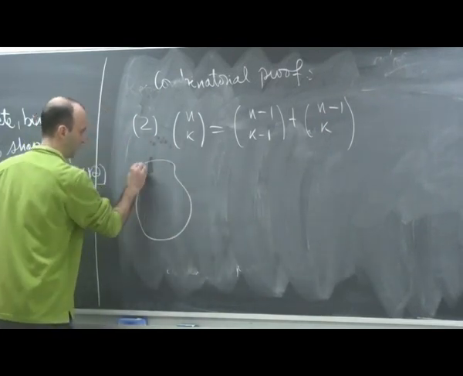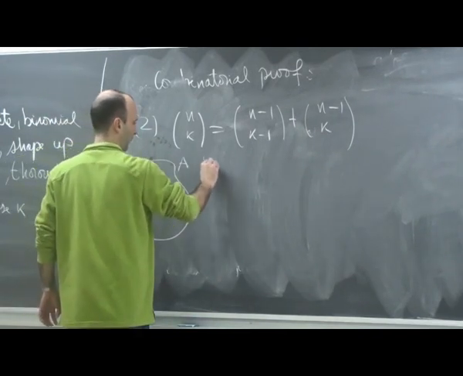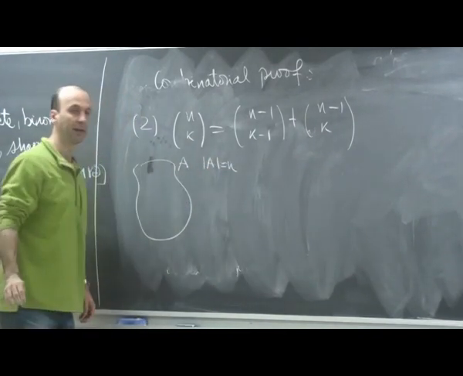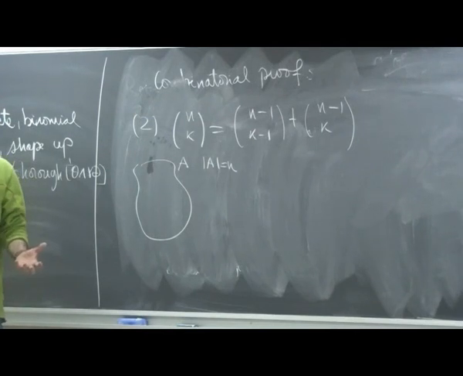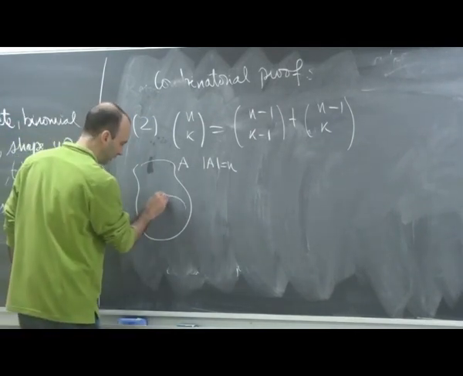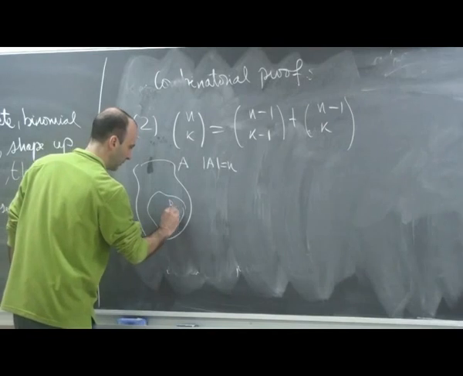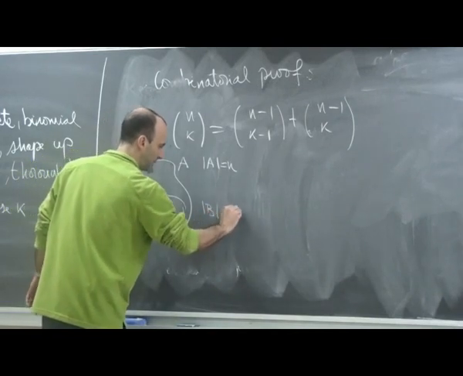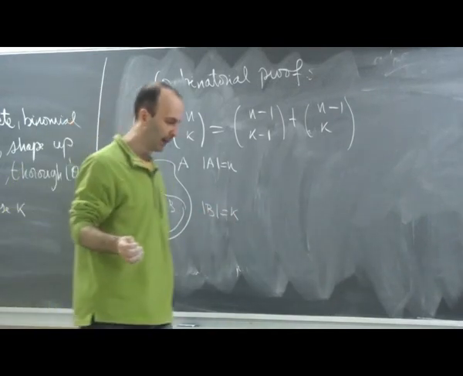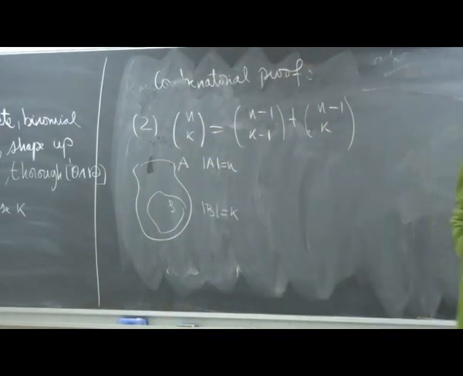Again, I have A, with n elements, and I want to make a selection, right, of a subset here, B, and B has k elements. It's a selection of a subset, there is no order. Right?